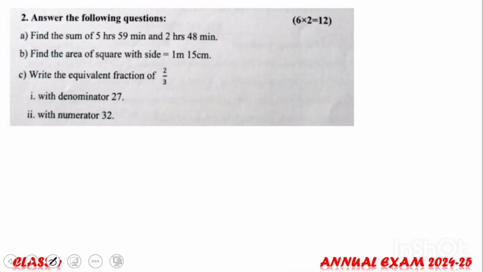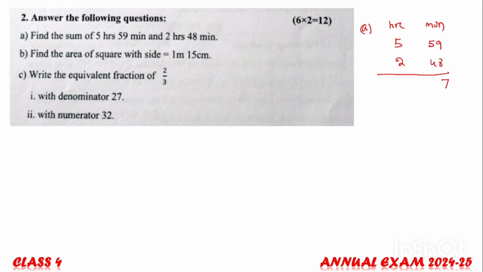Next question. Answer the following question. Find the sum of 5 hour 59 minutes with 2 hour 48 minutes. So first of all write down hour here and minute here. So addition: 9 plus 8 is 17, carry 1, 5 plus 1 is 6, plus 4 is 10.